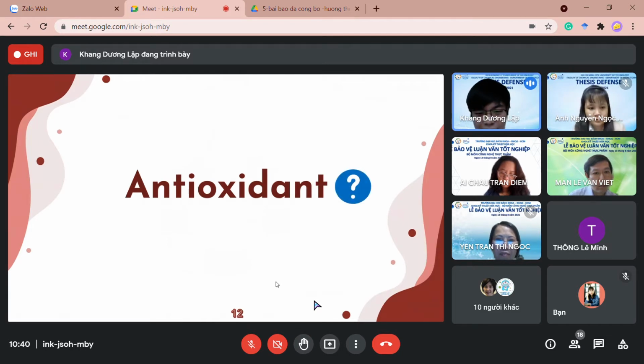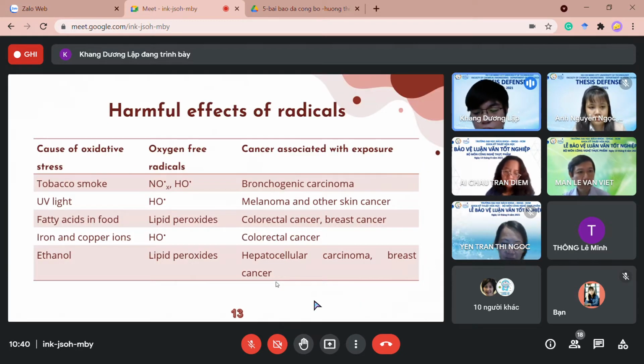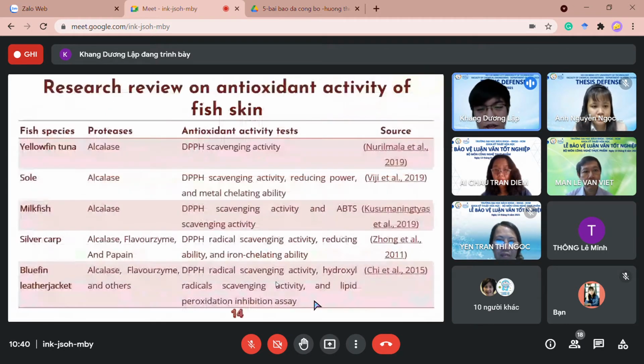An antioxidative peptide is a substance that can inhibit the initiation or propagation of harmful oxidative reactions, especially radical reactions. The harmful effects of radicals have been known to be associated with various types of cancer and other severe diseases. The application of enzymes in researching protein hydrolysate with antioxidant activity has been widely studied, and some of the studies on fish skins are shown in the table.